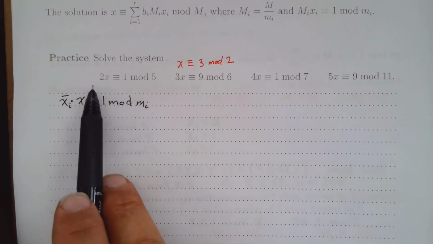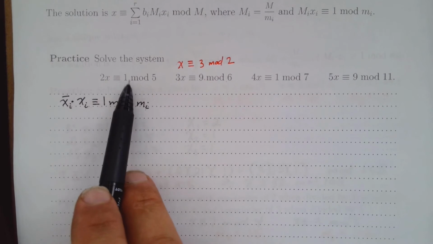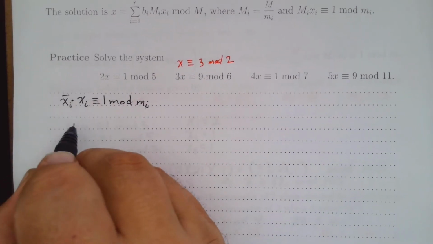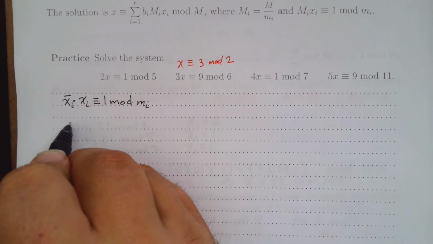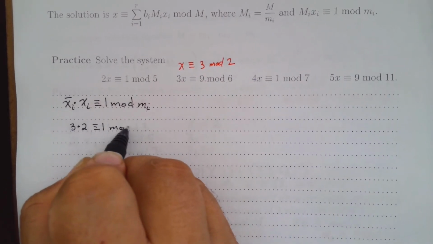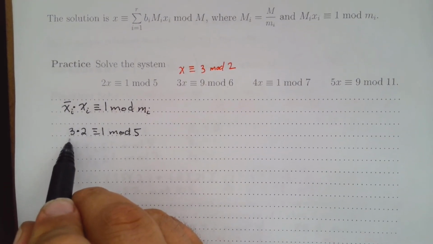I need to think about what number times 2 is going to have a remainder 1 on division by 5. If I say 3 times 2 is equivalent to 1 mod 5, that means that 3 is my multiplicative inverse.